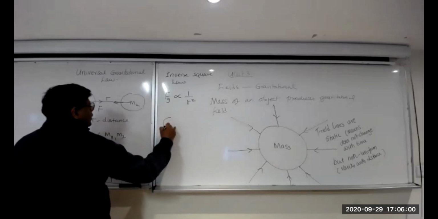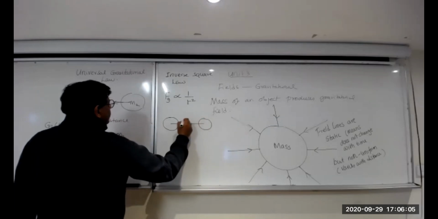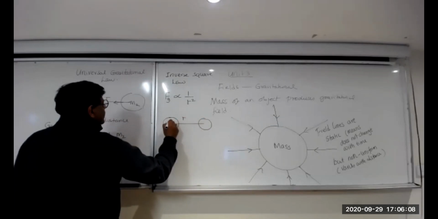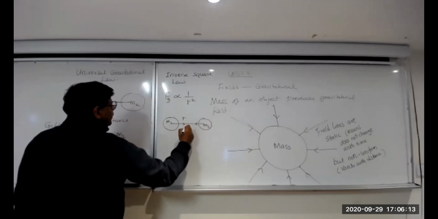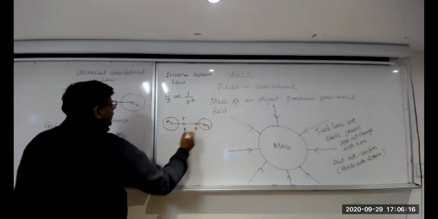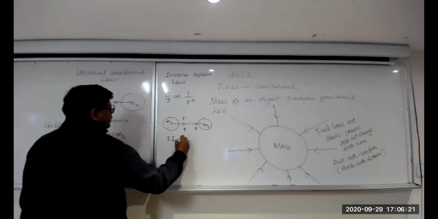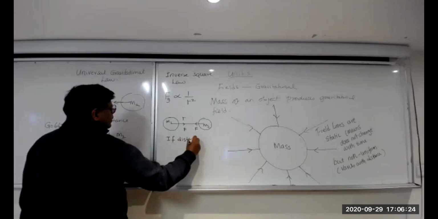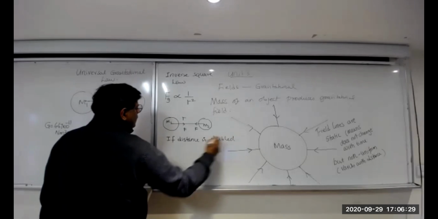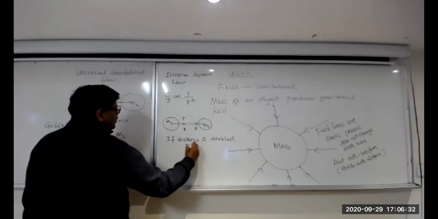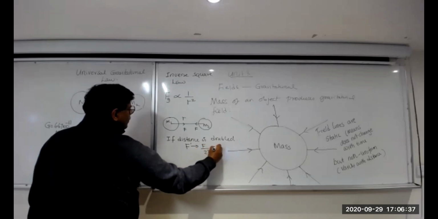So if I have two objects at a distance r, this is m1, that's m2. If the force is F, and the distance is doubled, then the force becomes 1/2 squared, a quarter.